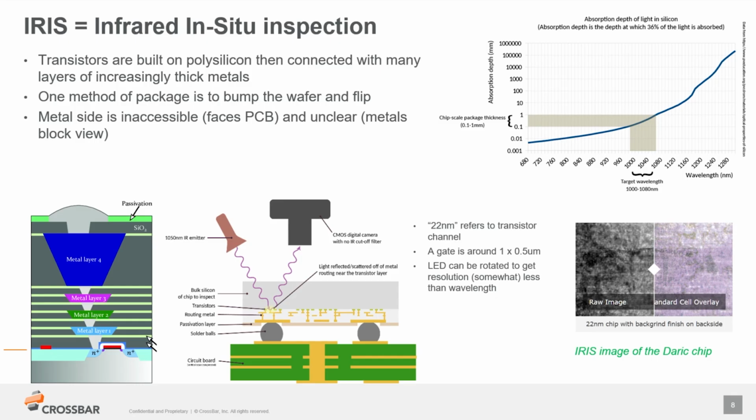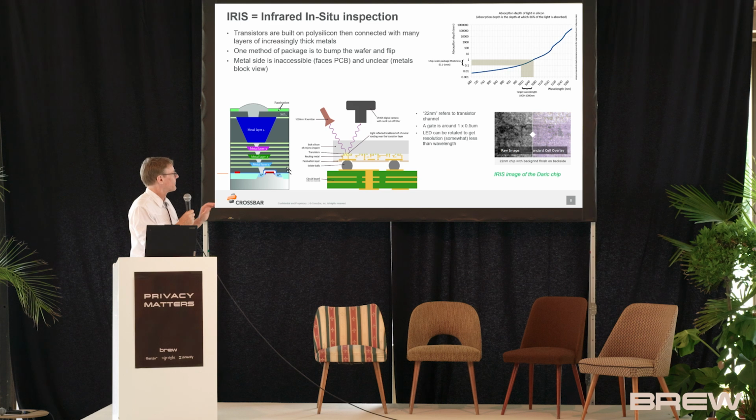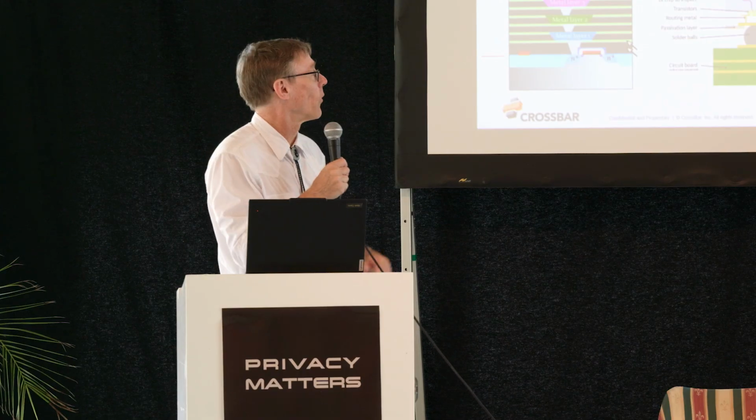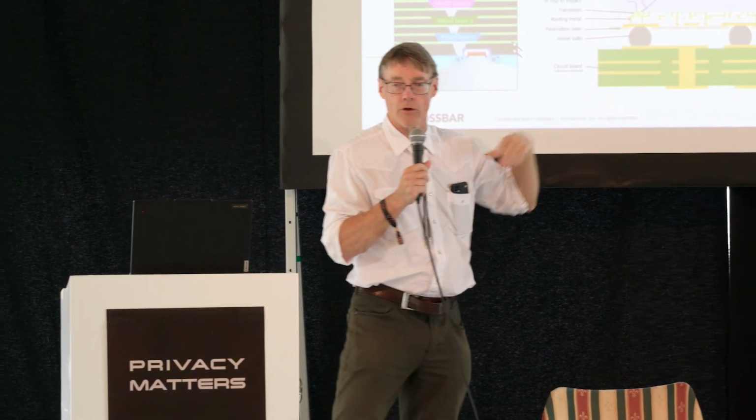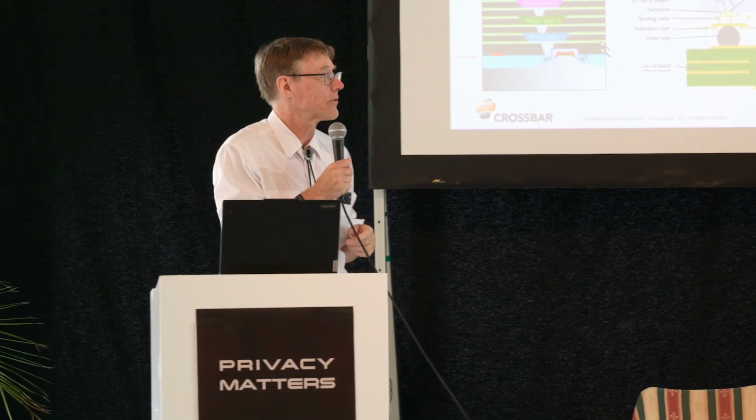Also, it's generally facing the PCB. Normally, you would take this, flip it over, put it on the PCB. So now if you want to look from that side, you have to destroy the device. But some types of packages, and again, this is limited to these types of packages, if you have an overmold with wire bond and so on, it won't work. But some types of packages leave this exposed, and you can intentionally do this to allow this inspection.